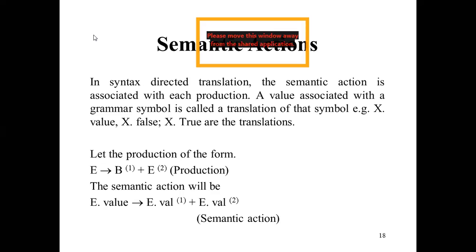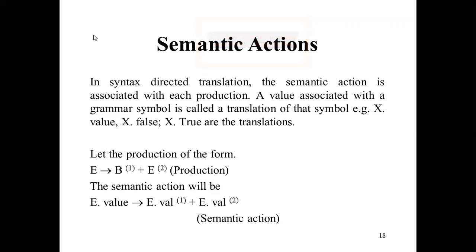Earlier we have already seen a number of sentential forms. For each sentential form we check whether it is true or false, and on that basis we take the action that is called the semantic action.